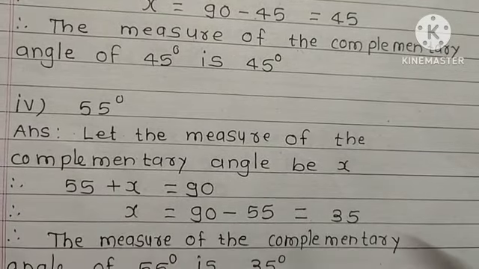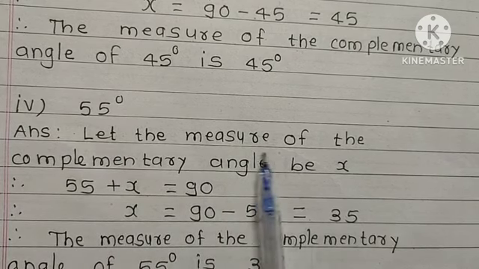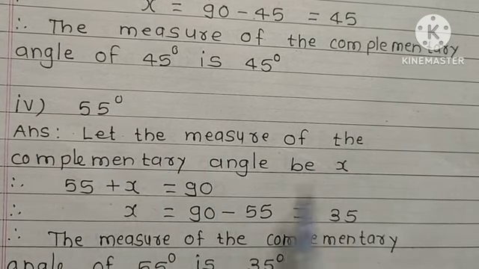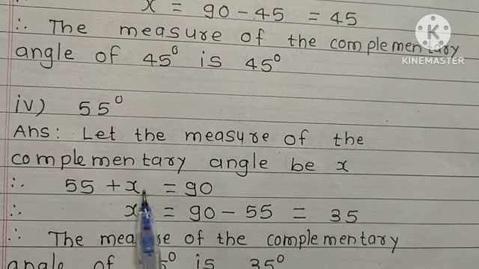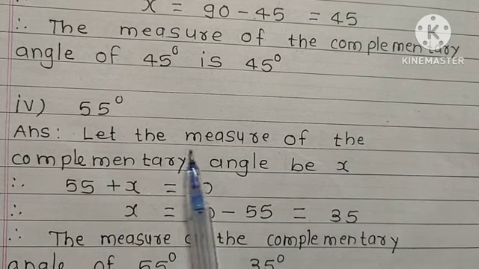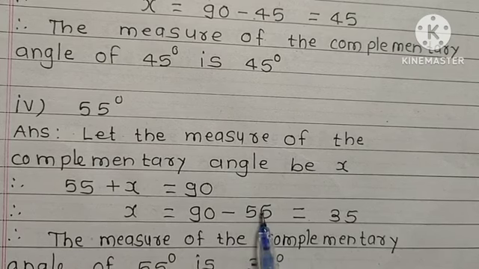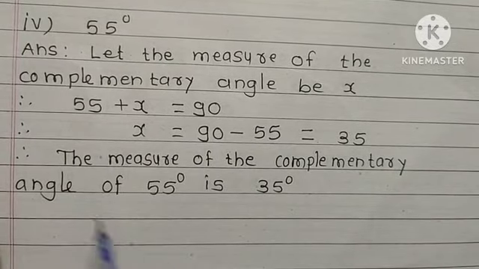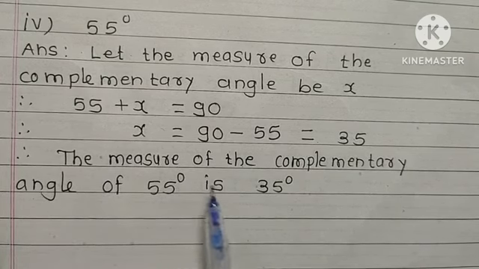Fourth example, here angle is 55 degree. Let the measure of the complementary angle be x. Therefore, 55 plus x is equal to 90 degree. So x is equal to, taking this 55 to right side, it will become negative, 90 minus 55, that will be 35. So our final answer is the measure of the complementary angle of 55 degree is 35 degree.